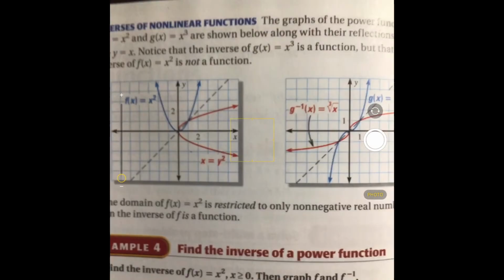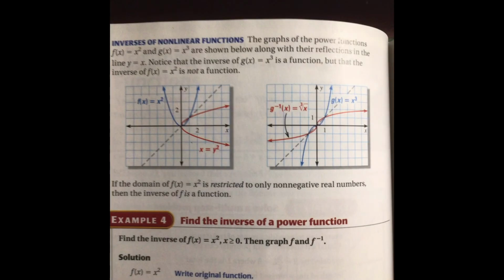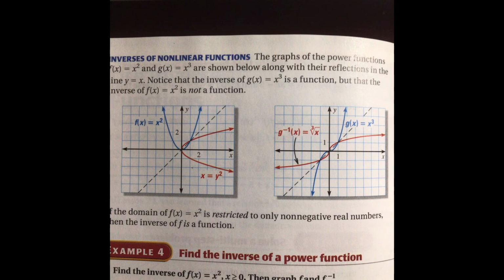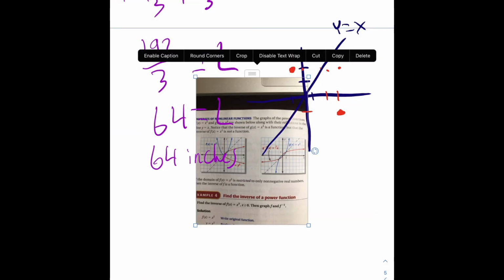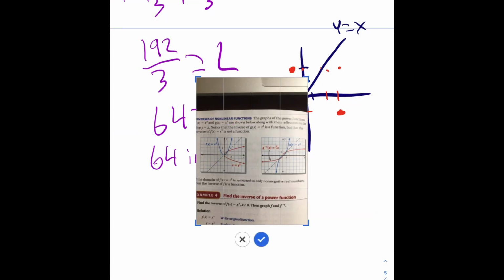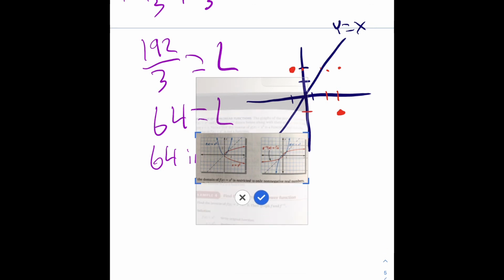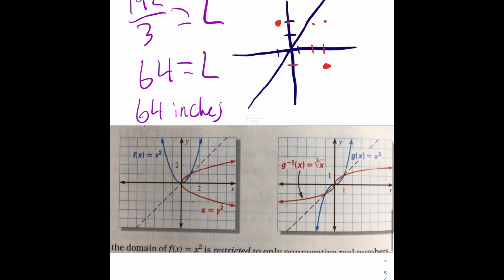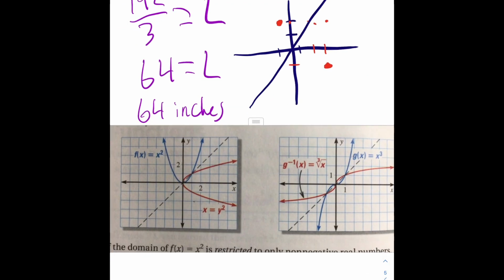So again, what do I mean? I'll show you a picture, something like this, where we've got these two nonlinear functions that are following the line y equals x.